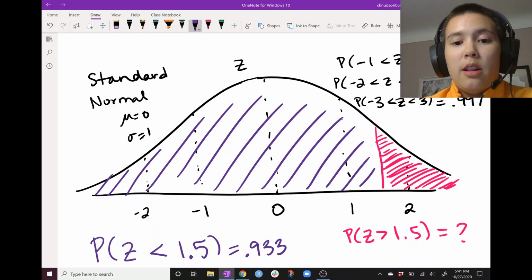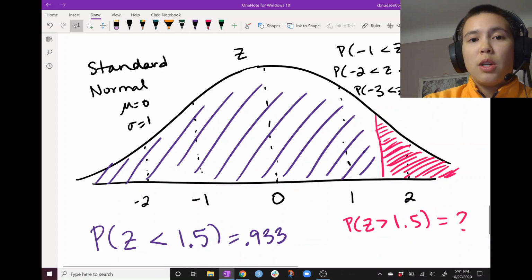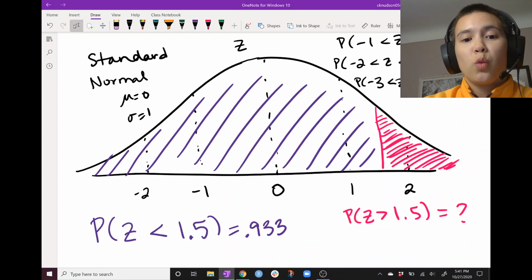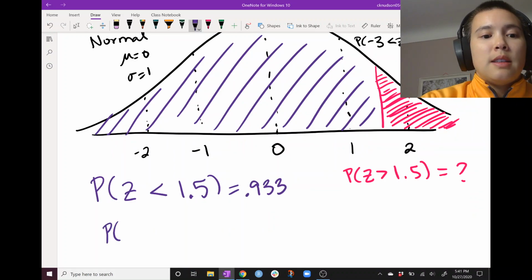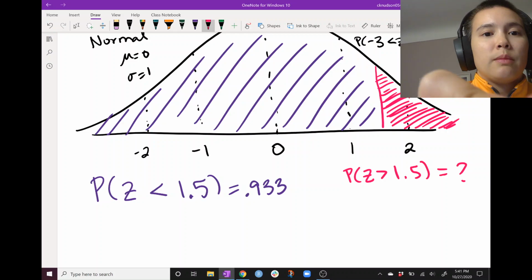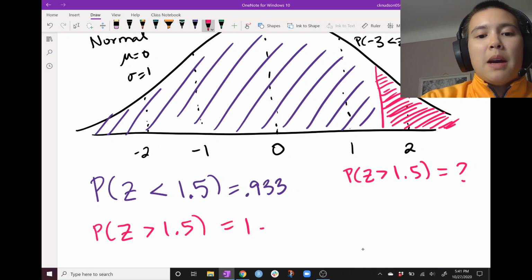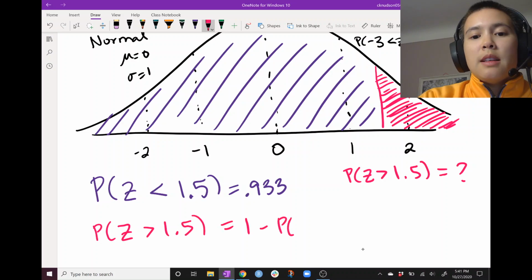But not all is lost. In fact, now all we have to do is do 1 minus that number, because we know that the total area under this curve is 1. So the probability that z is greater than 1.5 equals 1 minus the probability that z is less than 1.5.